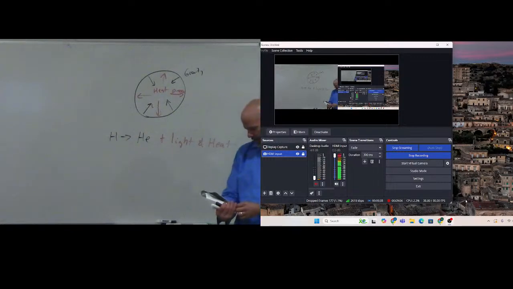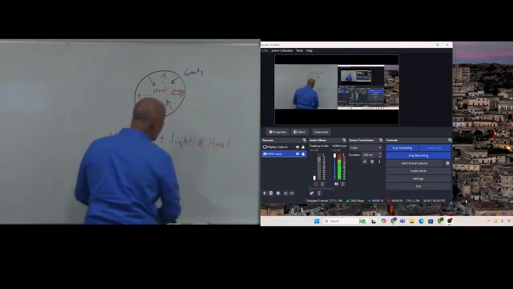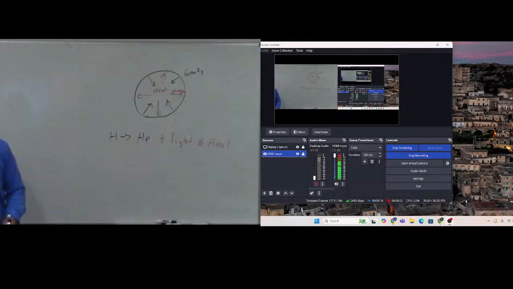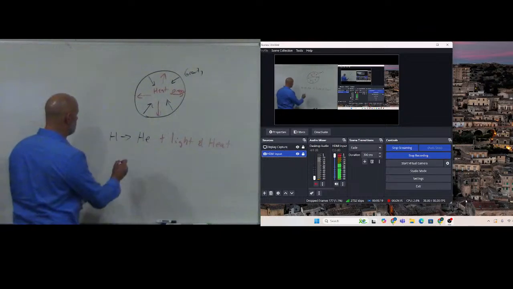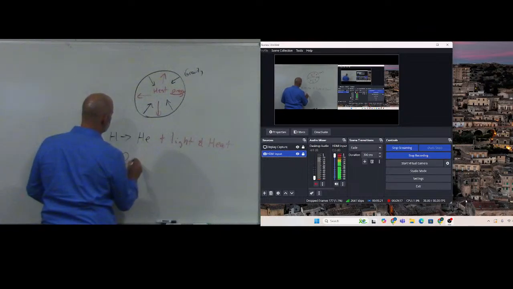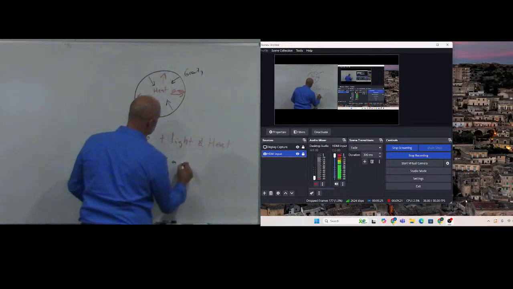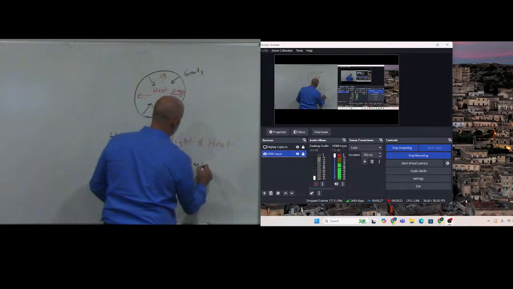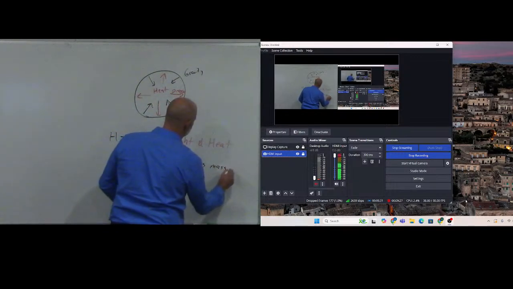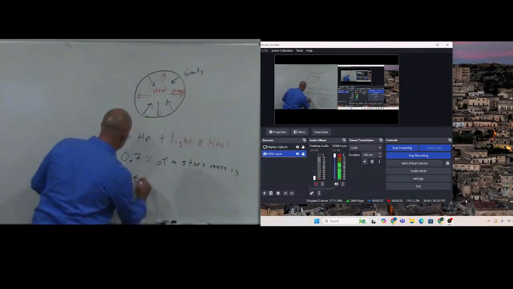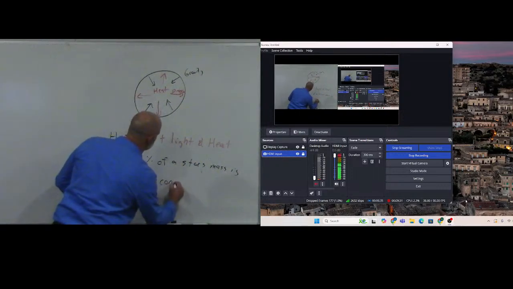It's like 0.8% or something like that. 0.7% of its mass is converted to energy. That's it. Okay? 0.7% of a star's mass is ever converted to energy.